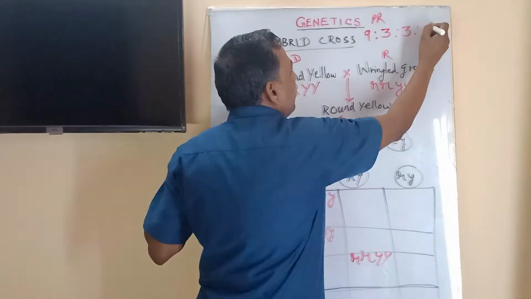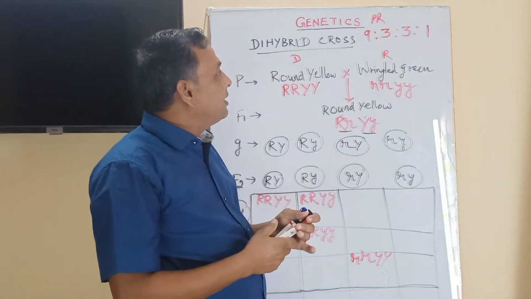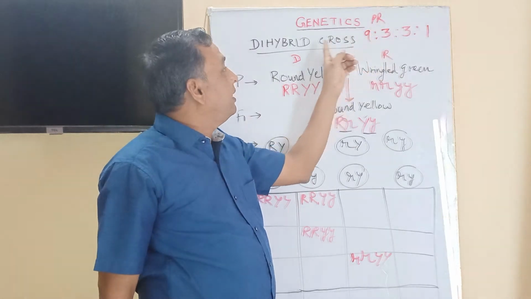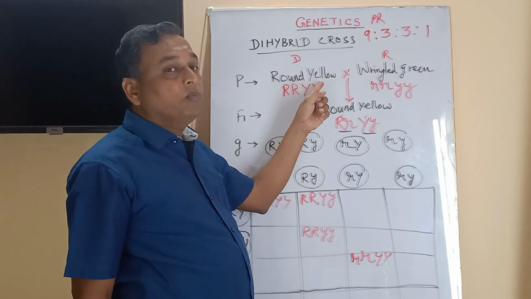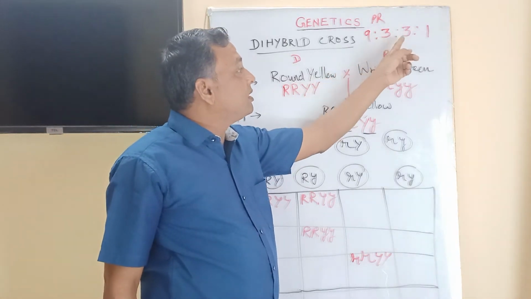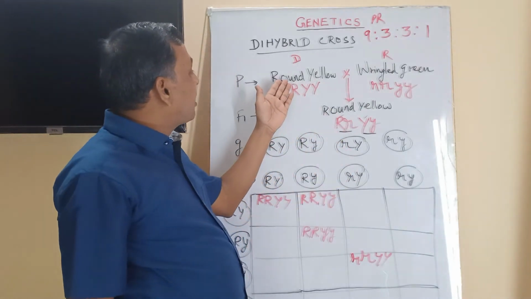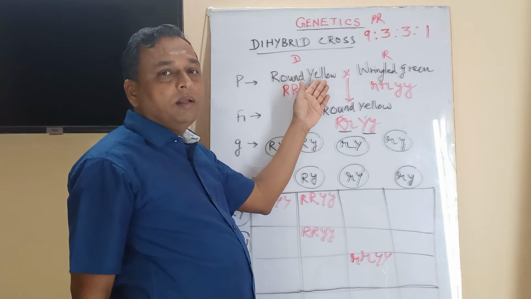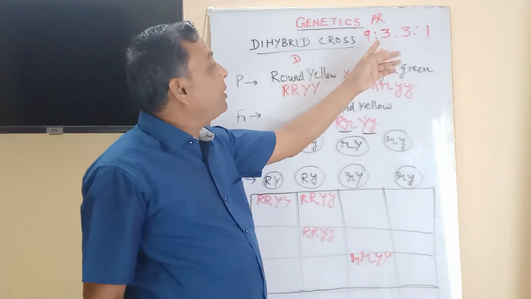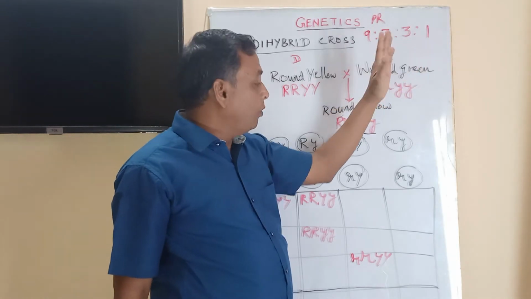And only 1 will be wrinkled green, the recessive parent. How are you getting the phenotypic ratio in the dihybrid cross? 9 dominant parent, round yellow. 3, these 3 are the traits that are mingled and separated: round with green, wrinkled with yellow. That is why independent formation of new traits. And only 1 recessive parental trait you are getting.